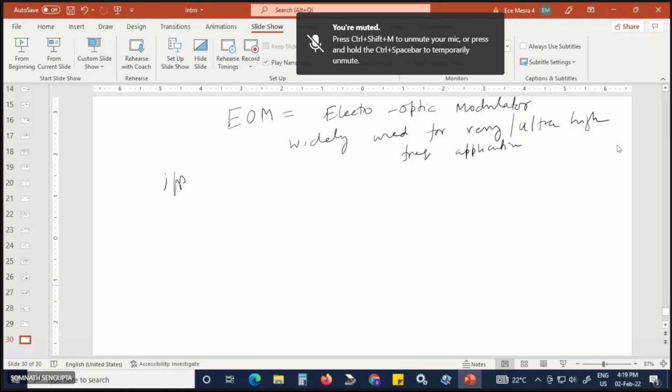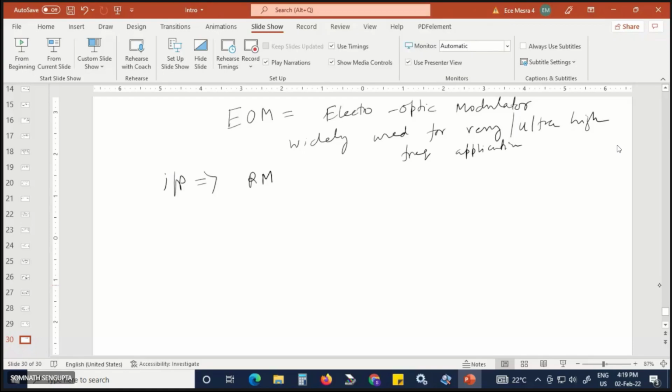Suppose your input signal is an RF signal in the range of gigahertz. You cannot use a transistor to modulate the light source. You cannot handle an LED using a transistor at that frequency because they will fail. At high frequency, they will all be short circuited. This is the limitation for any high frequency electronic circuit.